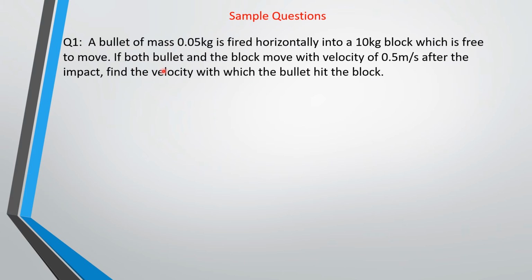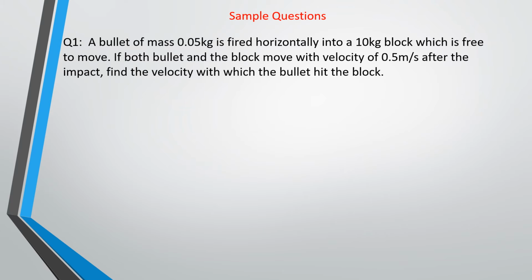When the bullet hit the block, both of them move together with a common velocity of 0.5 meters per second. So this question depicts which of the collisions? The collision that this question depicts is inelastic collision.